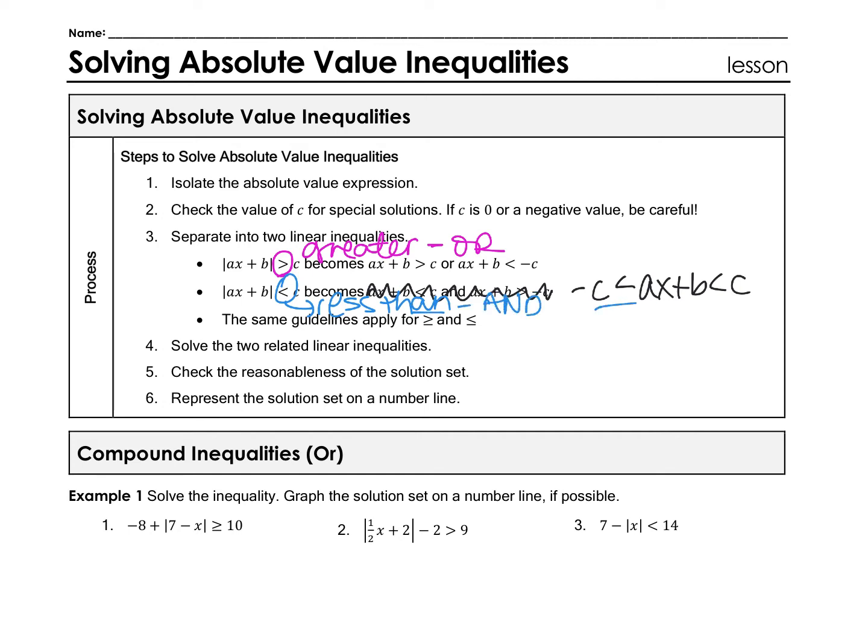Your OR statement is two separate. So depending on the sign, after you isolate your absolute value bars, that will determine how you need to set up your two different inequalities like we did on equations.